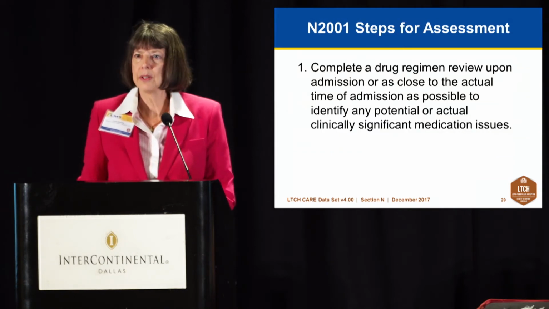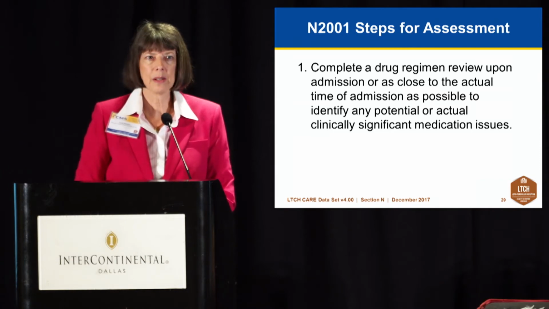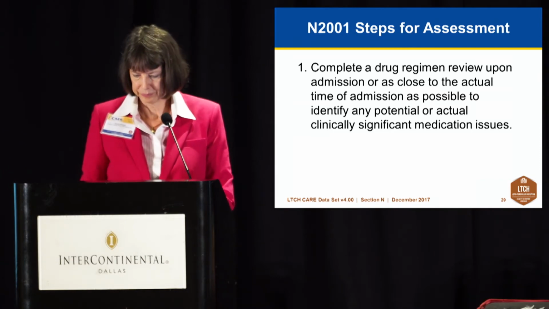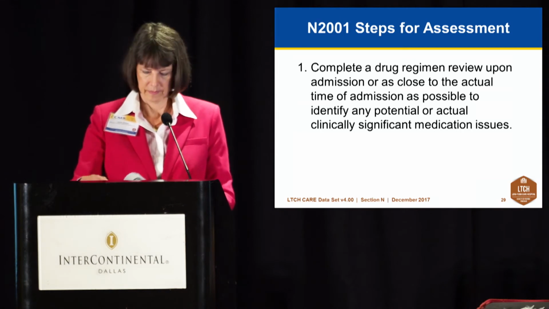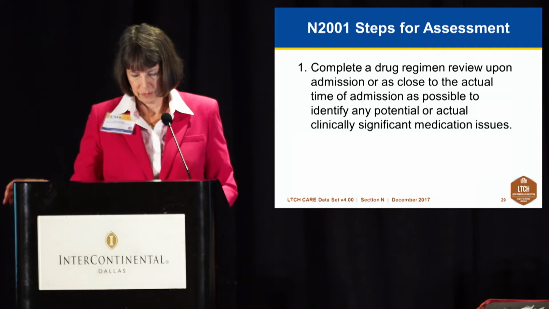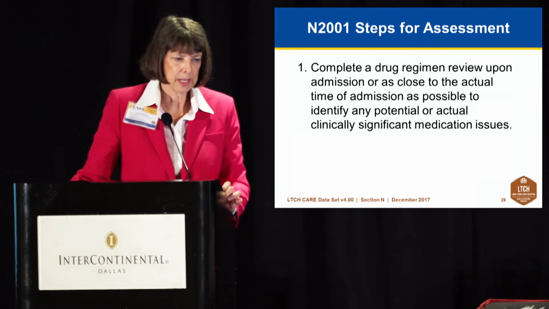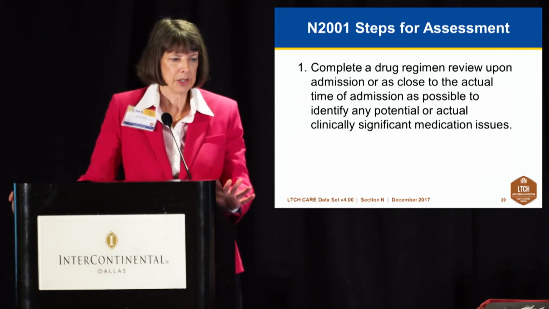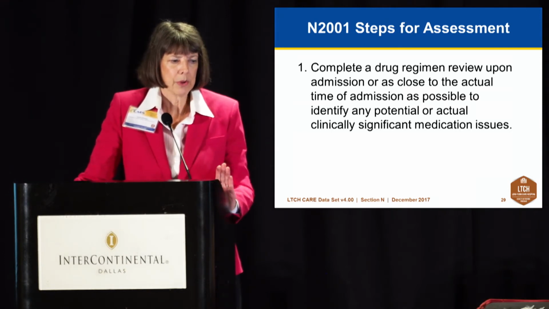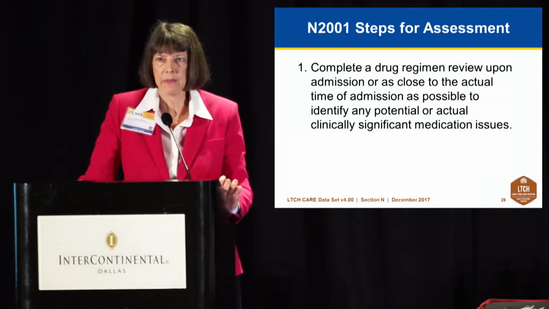So what steps do you need to take in order to complete N2001 at admission? When do you complete this one? You complete this one upon admission. Go through your drug regimen review as close to or at the actual time of admission.